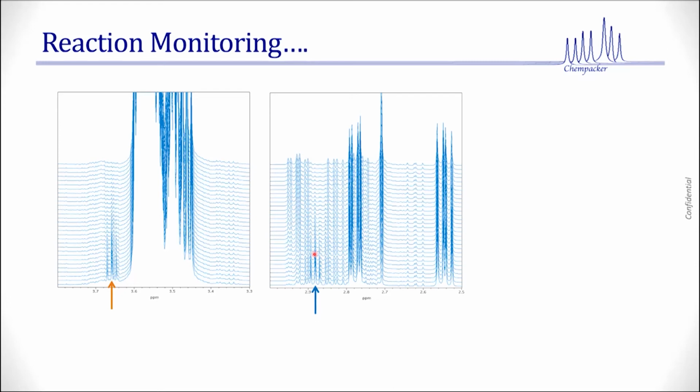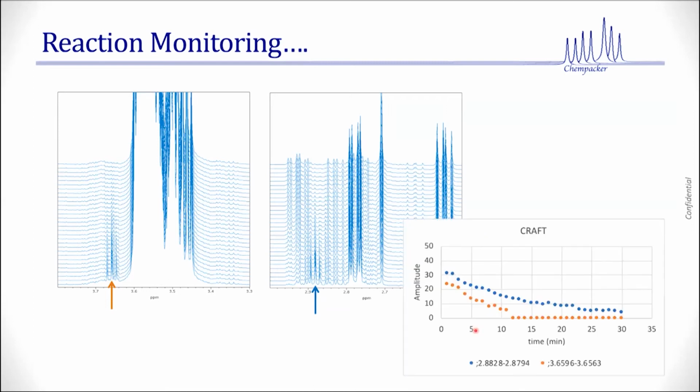The upfield one is, from my perspective, a piece of cake. It's very well separated. You can actually see the peak right there, even at the end of the reaction. This one is challenging. When you generate the graph table, after a certain number of points, it cannot differentiate the peak from all the other junk right next to it in the presence of all these big peaks.